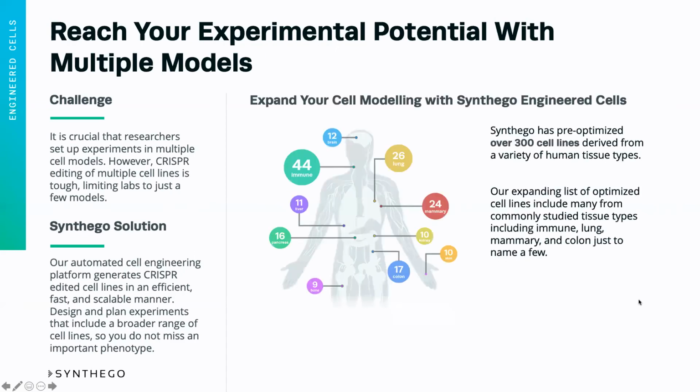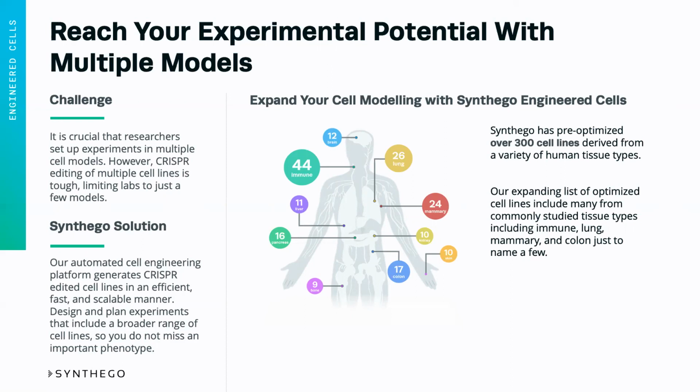As I mentioned, at Synthego, we have optimized over 300 immortalized cell lines in a wide variety of tissue types. This image just provides an example of some of the tissue types that we have optimized, and the numbers indicate the number of cell lines that fit into that category.